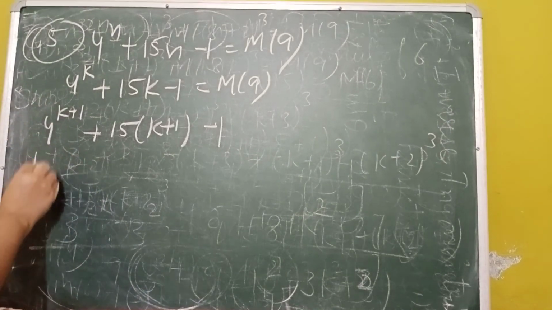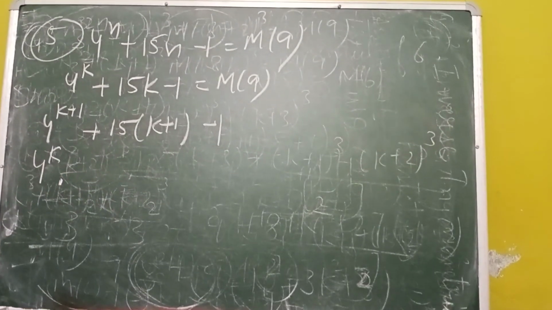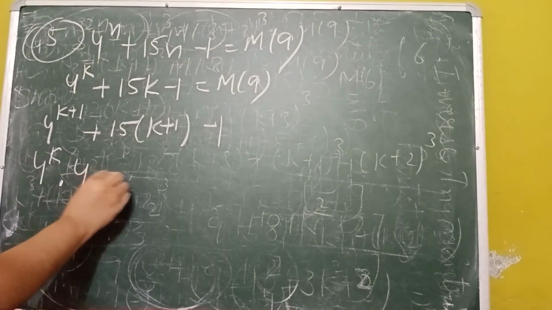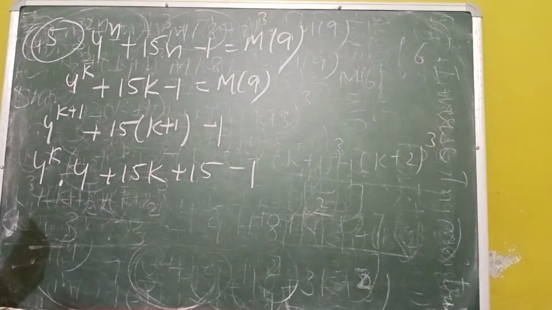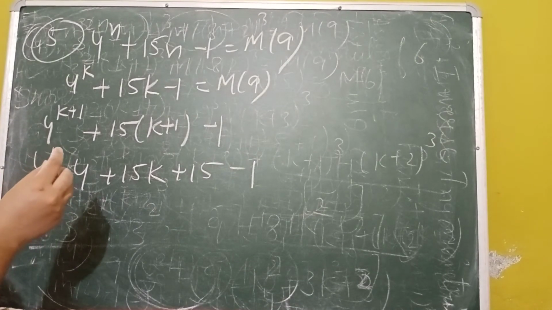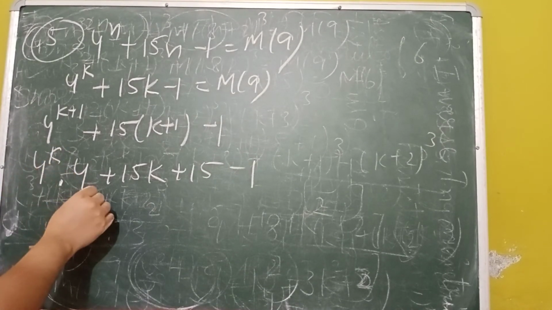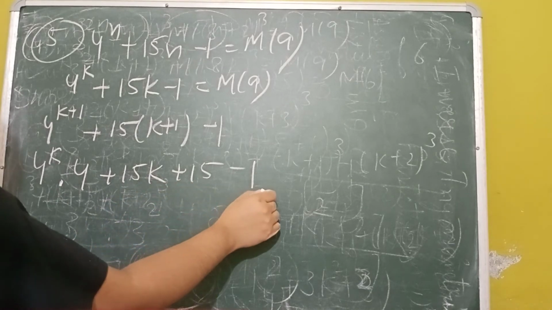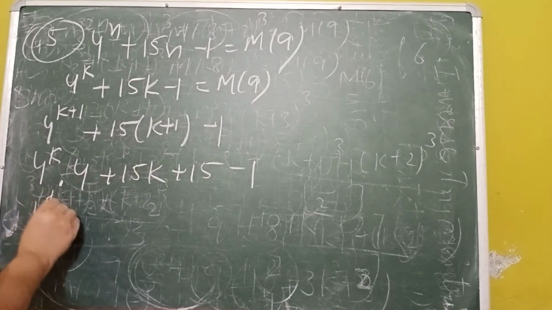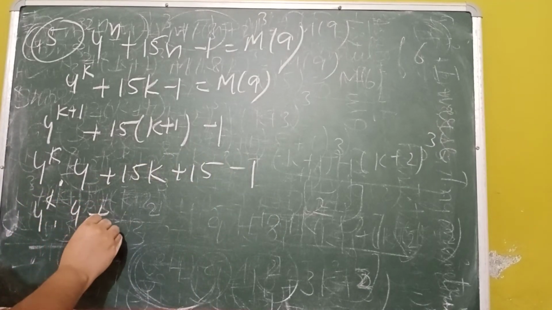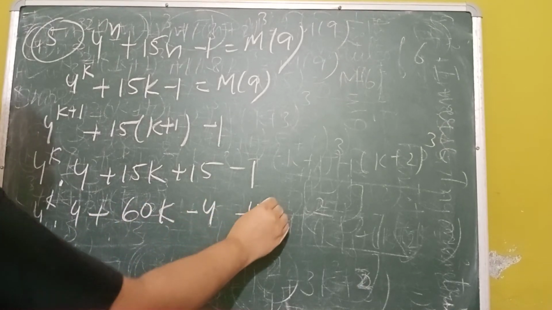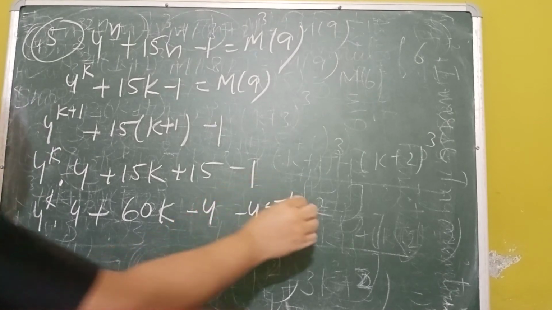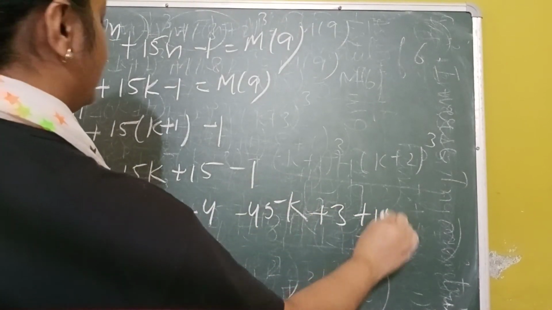So what we will do? We will write it 4 power k and it's 4 plus 15k plus 15 minus 1. So it's 4 power k into 4 plus 60k minus 45k plus 15 minus 4 plus 3.